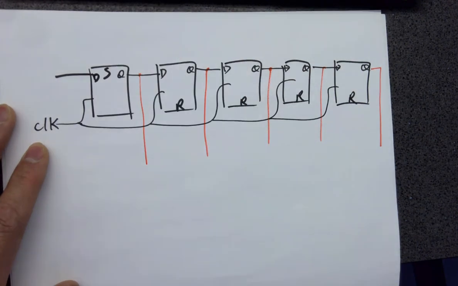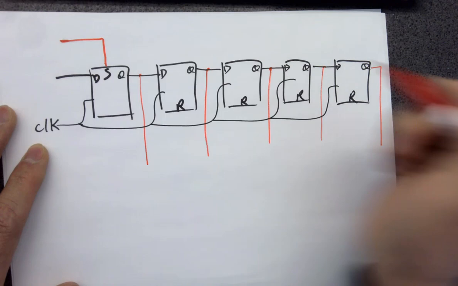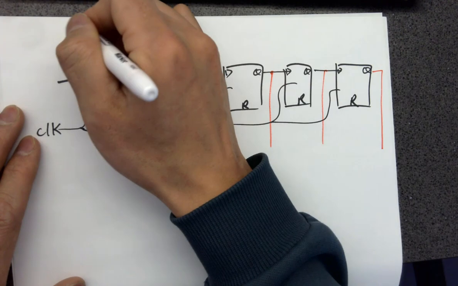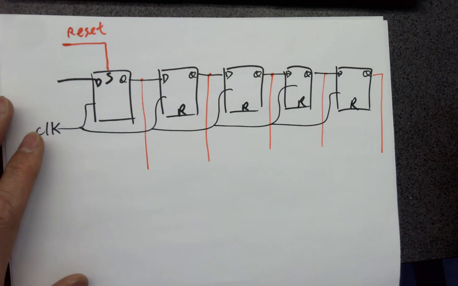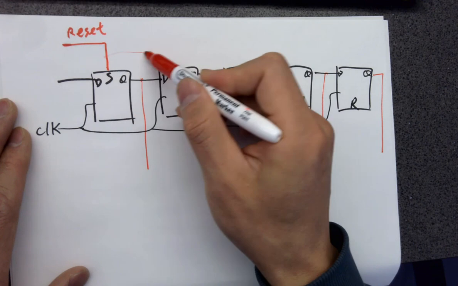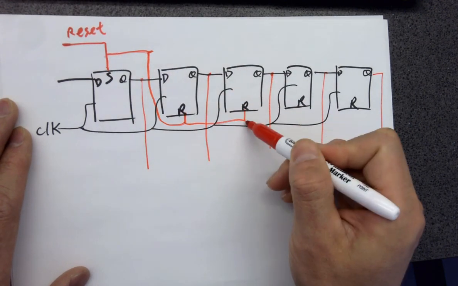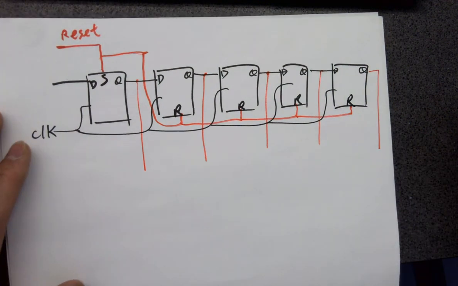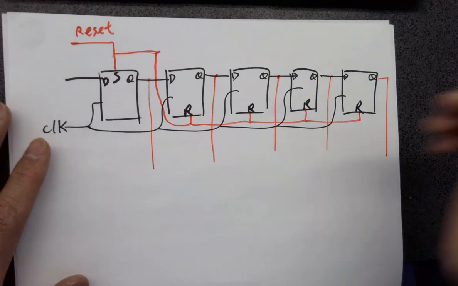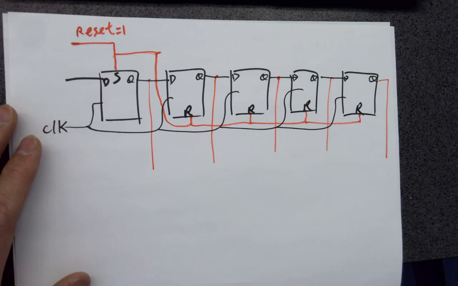You connect your set or reset signal to the set for the first one. Even though we call it reset, this is resetting the ADC, but we connect the reset to the set of the first one, and connect the reset to the reset of the following ones. Assuming this is active high, whenever we give a 1, what's going to happen?